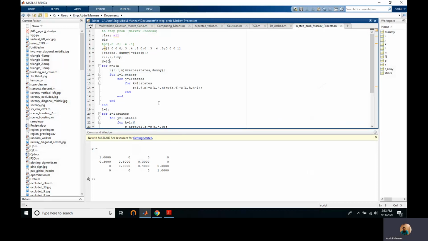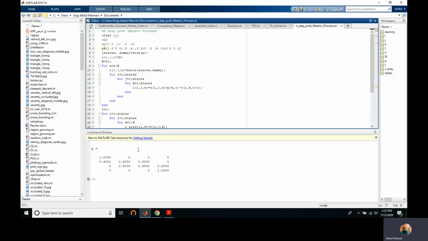You are encouraged to play with this code and try other combinations, different values of Markov chains you can think of. But you should be careful that the state transition matrix or transition probability matrix of a Markov chain should have each row sum to 1, like we have here: 0.3, 0.4, 0.3 is 1.